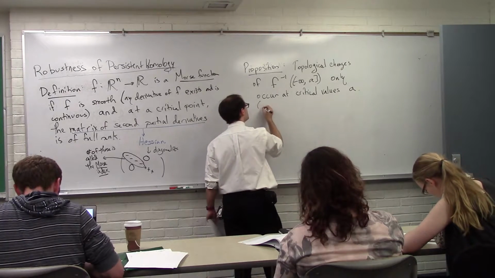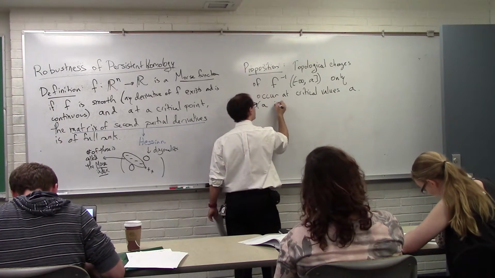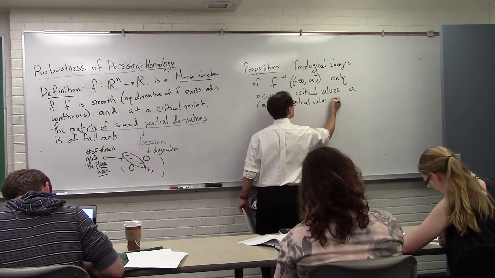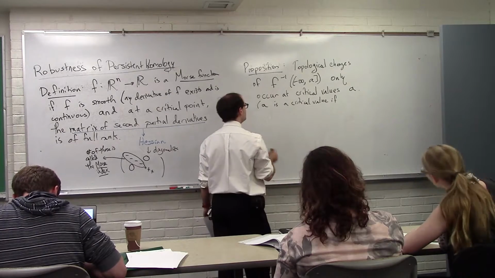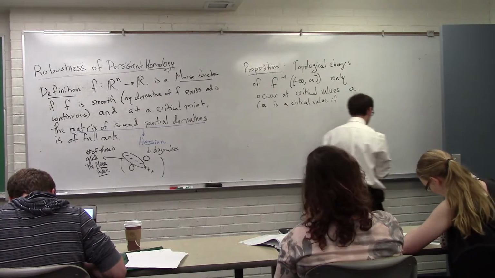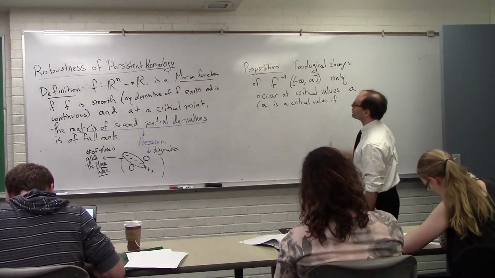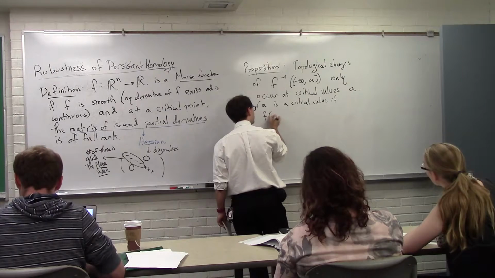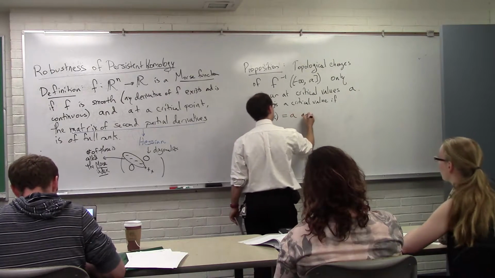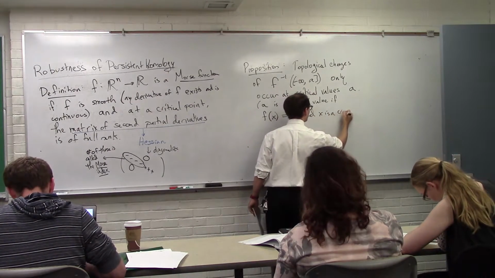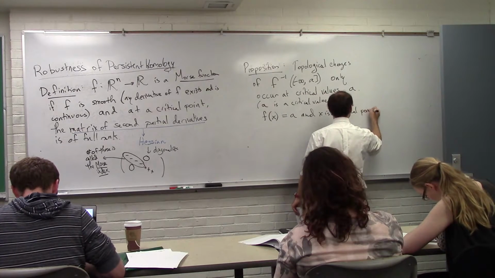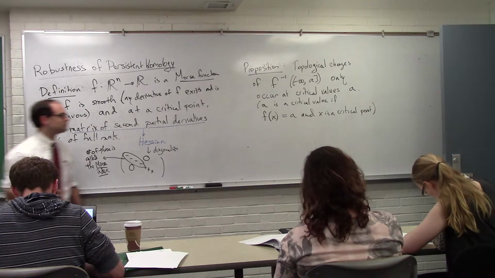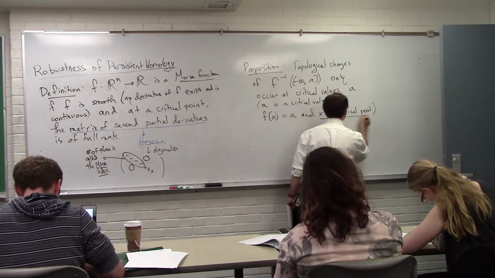And a critical value is, well, when is a good critical value? It's when, take a look at the pre-image, if f(x) equals a and x is a critical point, i.e. where the derivative of f is not full rank. Critical point, fill that up in here.